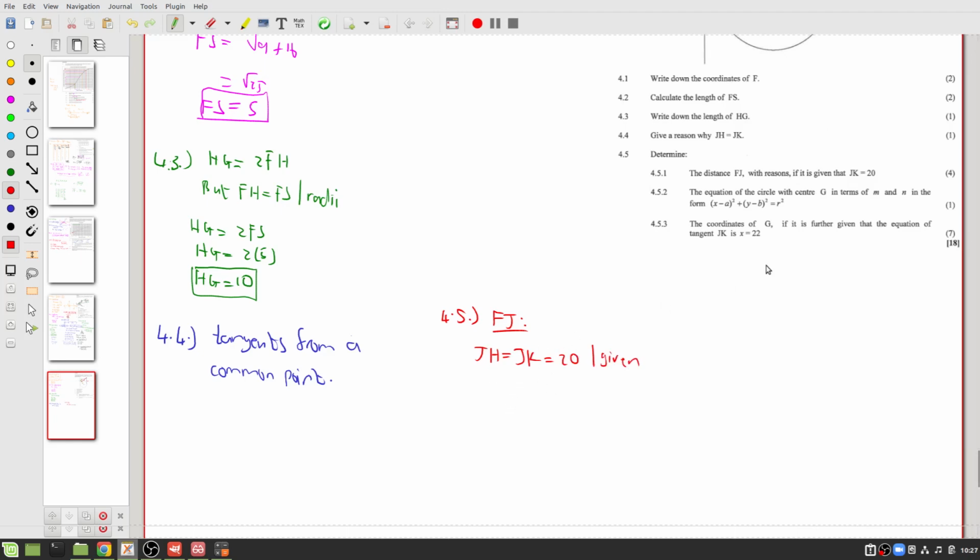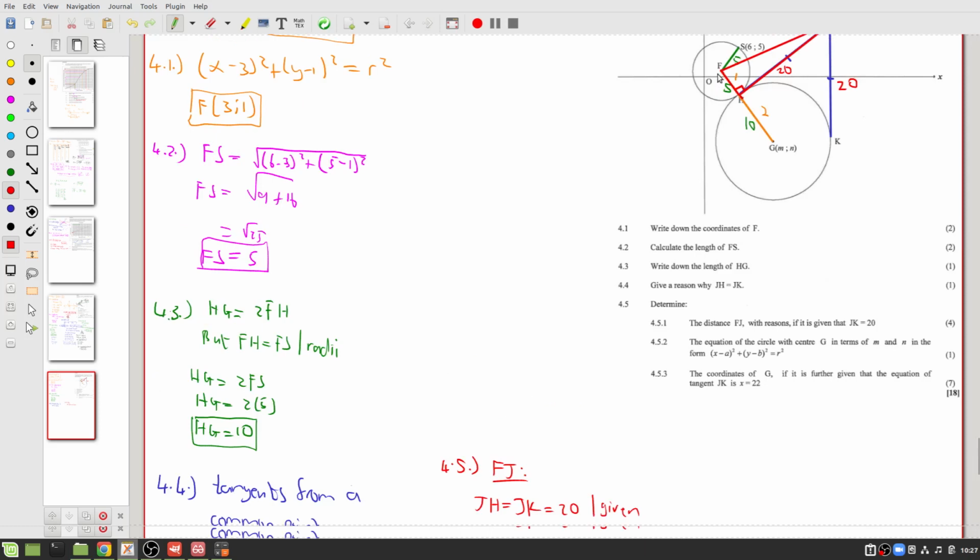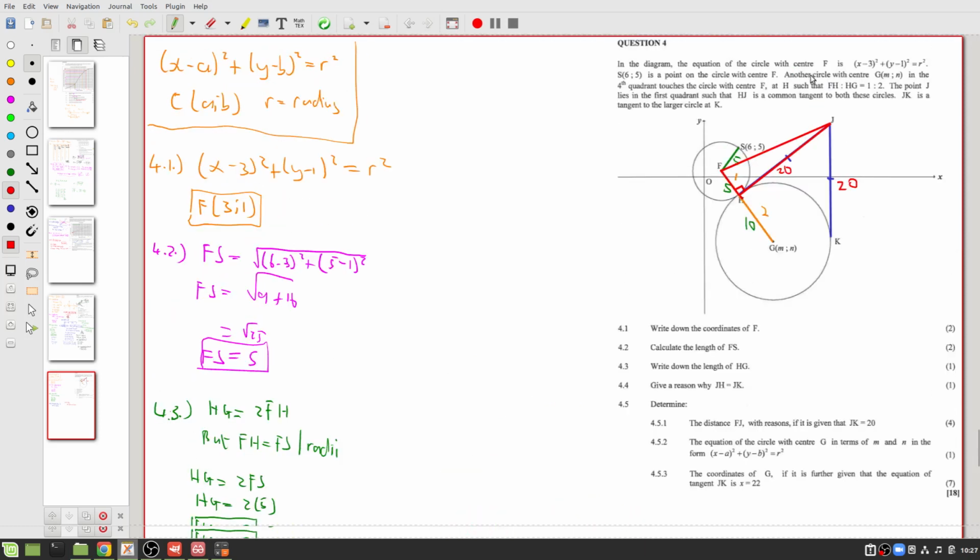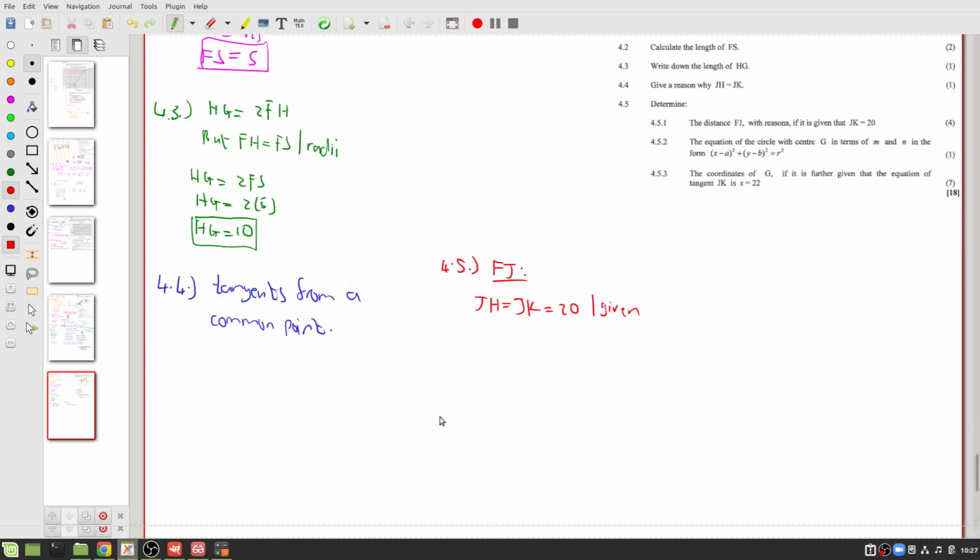Now, next thing we can do is say angle FHJ equals 90 degrees, and the reason for that is a radius and a tangent are perpendicular to each other. Radius is perpendicular to a tangent.